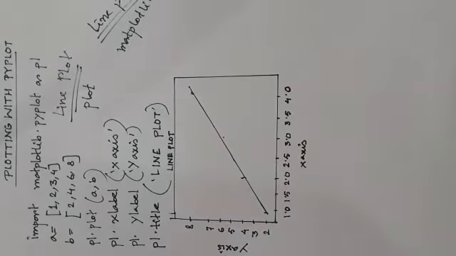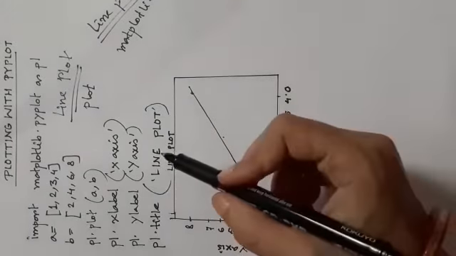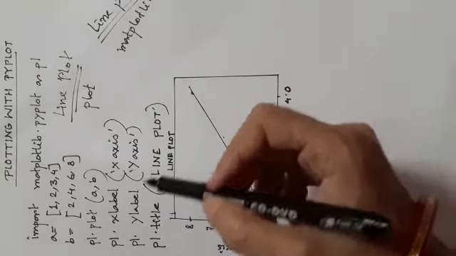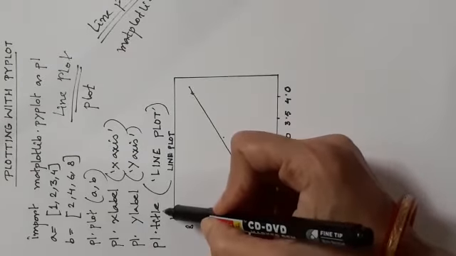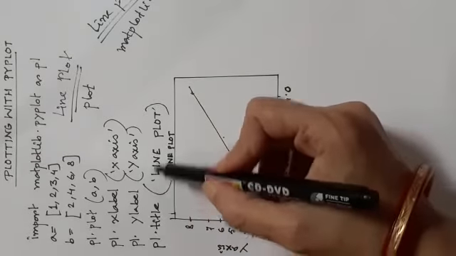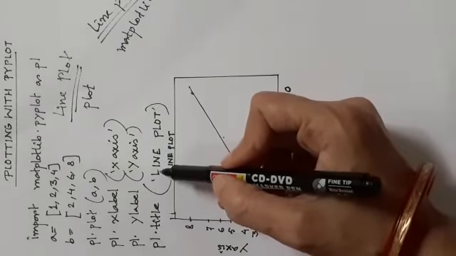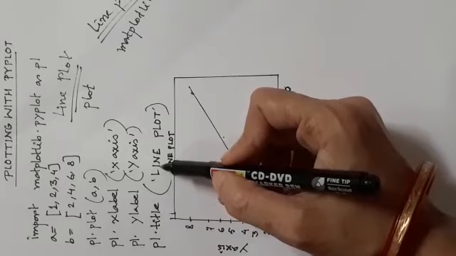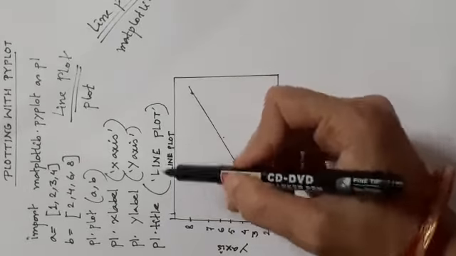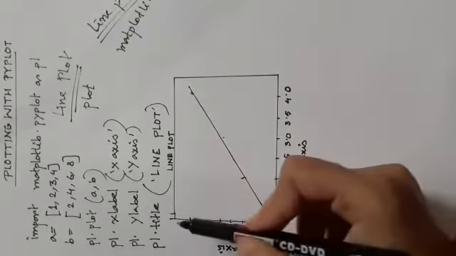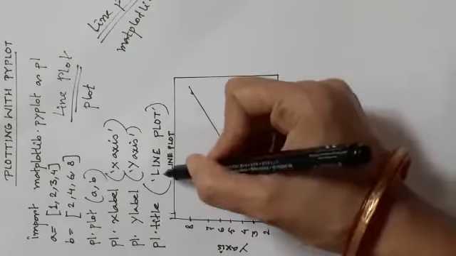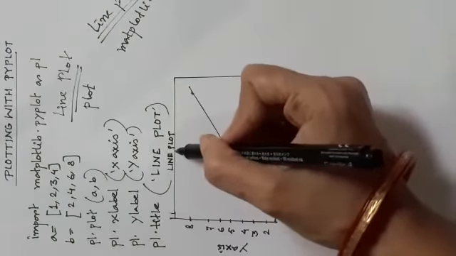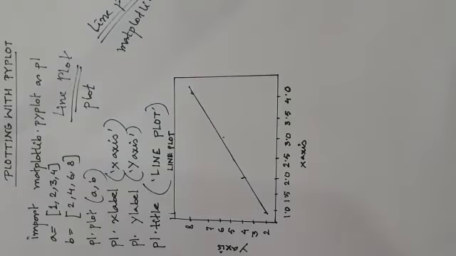Now if you want to give some heading to this plot, you have to use the title function, pl.title. And here also you pass a string as an argument. I have given line plot. Now the picture will be like this: x-axis, y-axis, one line, and the name of this plot as a title that we have given.